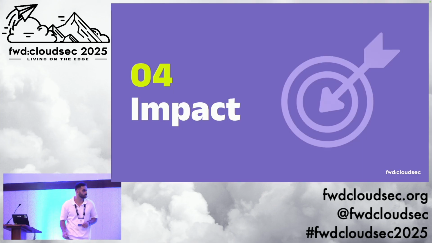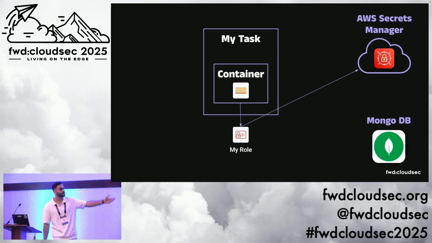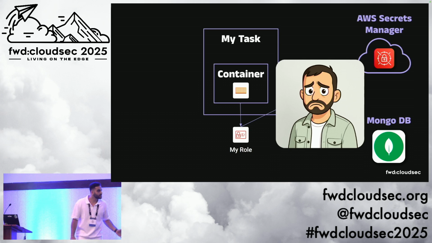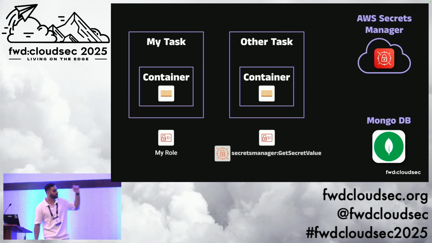What is the impact? So let's say I have a task, and I really want to access a MongoDB. But sadly, when I use the AWS Secrets Manager, I do not have the permission to get the secret for the MongoDB. And this makes me sad again. Now let's assume that I have another coexisting task in the same instance with the permission to get the secret value.